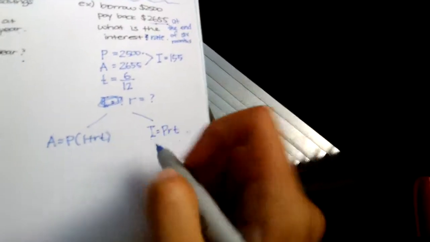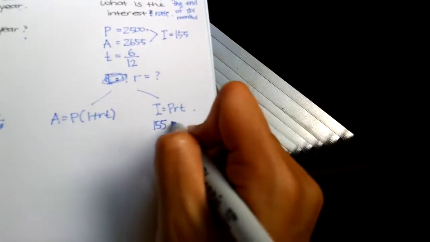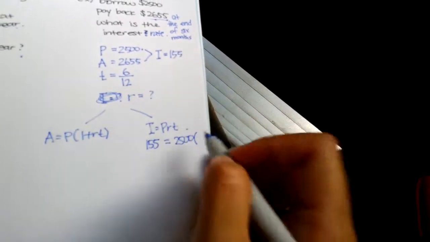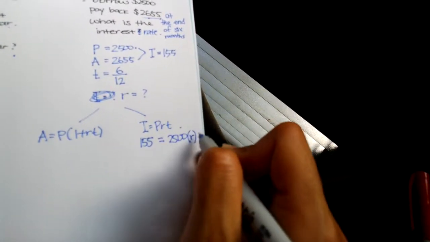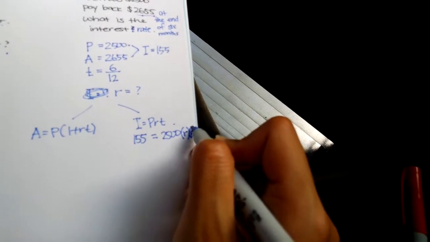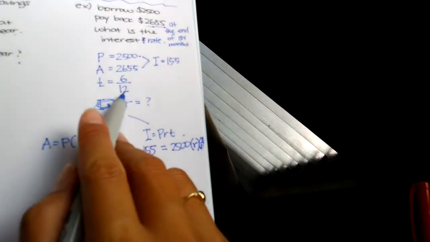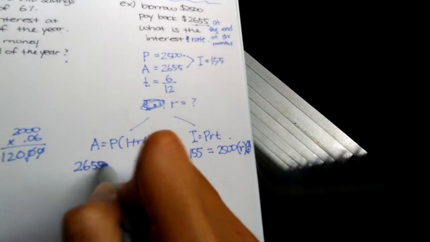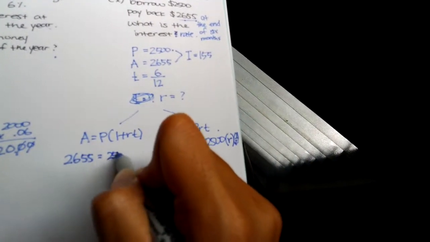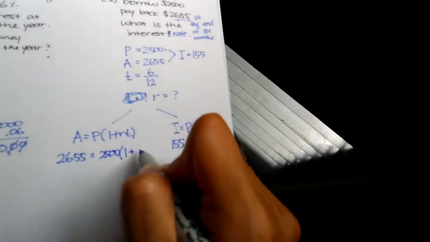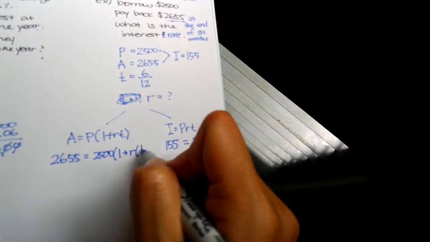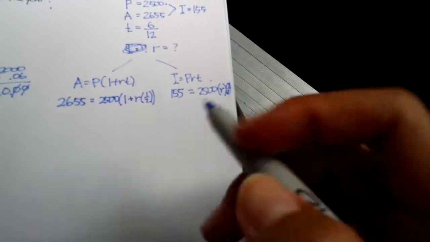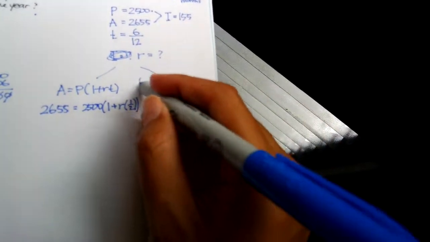So since we have that, you can just say 155 is equal to 2,500 times whatever R may be, and then times 1/2, or 6/12. Or you could go here and do 2,655 = 2,500(1 + R), and then T is 1/2. Whichever way you choose to solve, you'll get the same results.